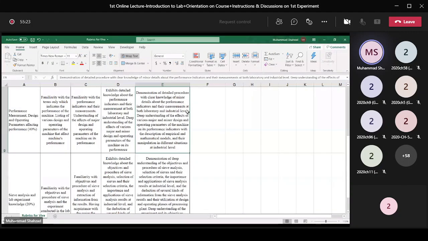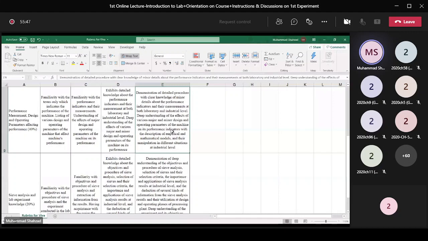A student with excellent exemplary knowledge should know all these details and be able to reproduce them. Deep understanding of the effects of various major and minor design and operating parameters of the machine on its performance indicators, with the description of empirical and mathematical models.